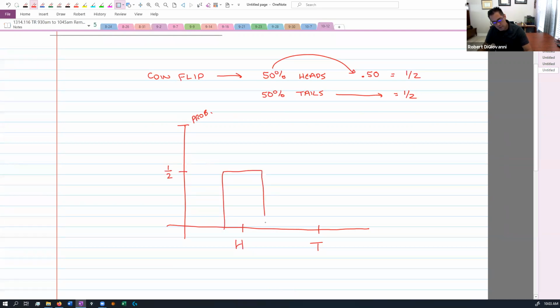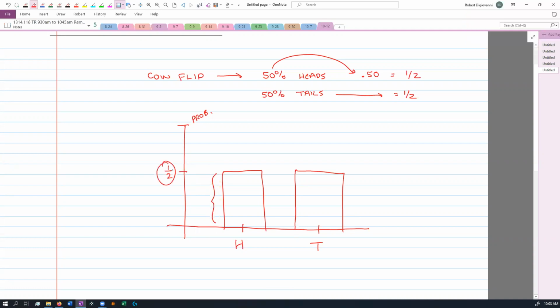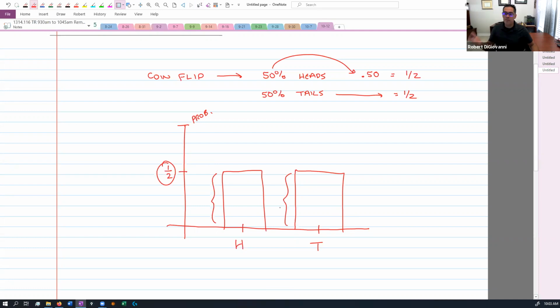So I could draw a little bar that says the chance of heads is 1/2, and the chance of tails is 1/2. Does that visual make sense to you? The height, how tall that is, is actually your probability? Yes. Okay. Everyone got that? Same height here, so same probability.